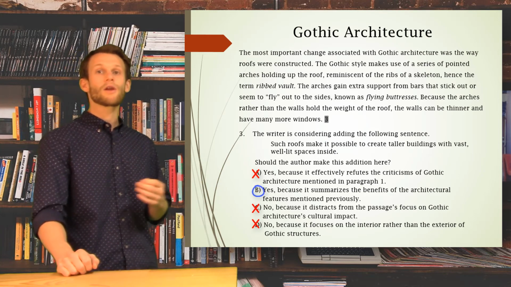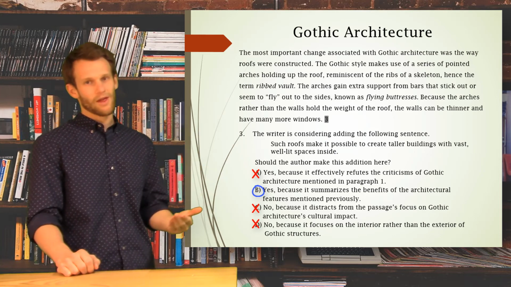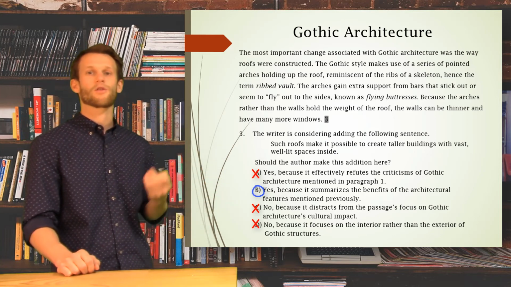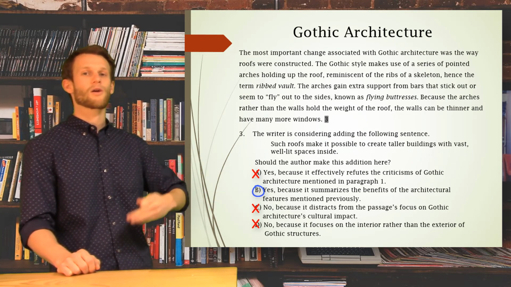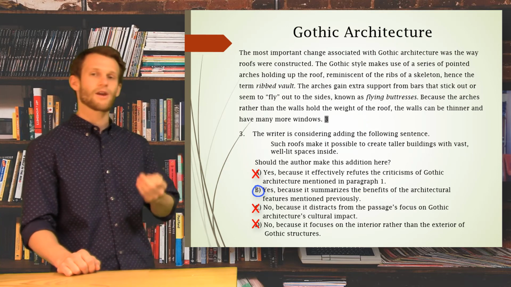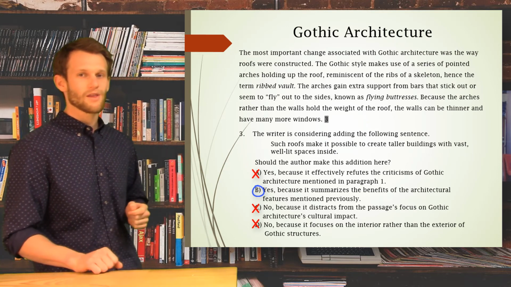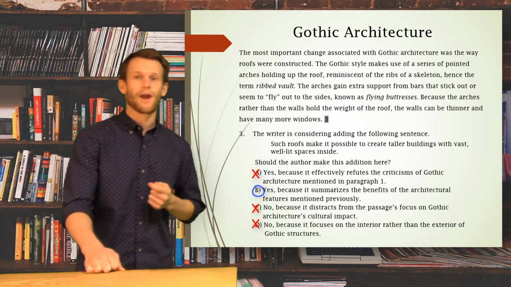That's really doing a good job of developing the paragraph in such a way that we present the topic in the intro. We then say what's special about the topic, the ribbed vaults and the flying buttresses, and then we go on to elaborate on that. We say these things are important because they create taller buildings with big windows. So good, we're very confident that B is going to be the best answer here, so we're going to go with that one. And that's going to close out this passage today.